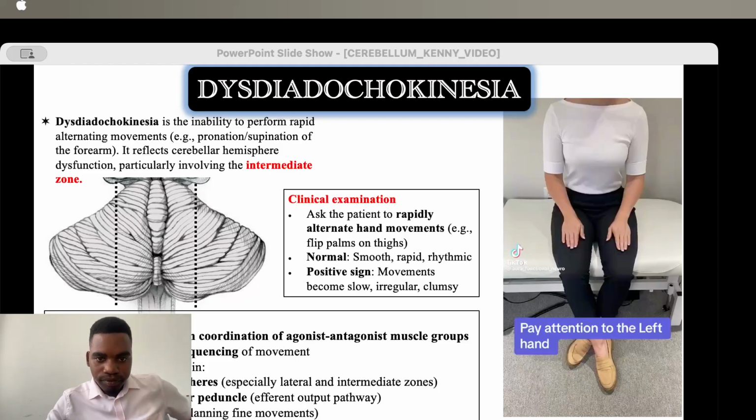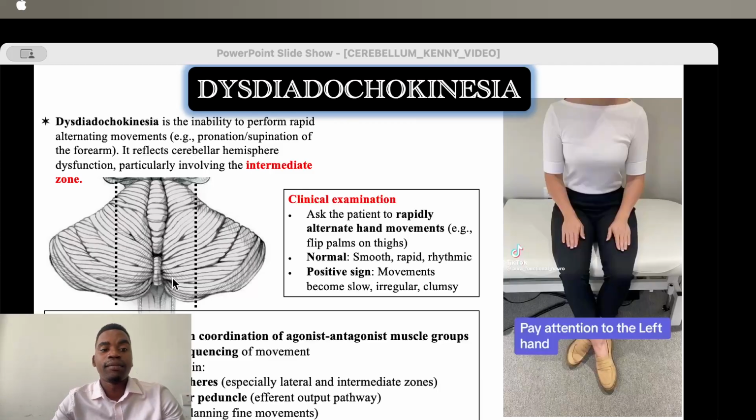So it's no wonder that the region of the cerebellum associated with coordination of this distal movement is the intermediate part of the cerebellum. So someone with dysdiadochokinesia, we know it is the intermediate part which is affected in this kind of disorder.